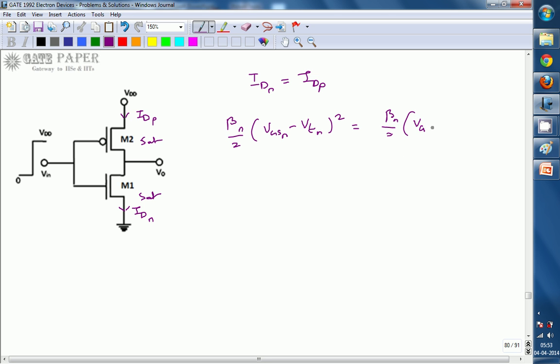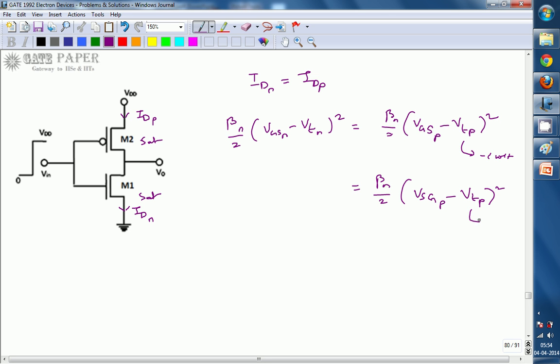into (VGSP minus VTP) whole square. Whenever you are writing this, VTP is going to signify minus 1 volt. Remember that one. So the same equation can be written this way: beta p by 2 into (VSGP minus VTP) whole square.